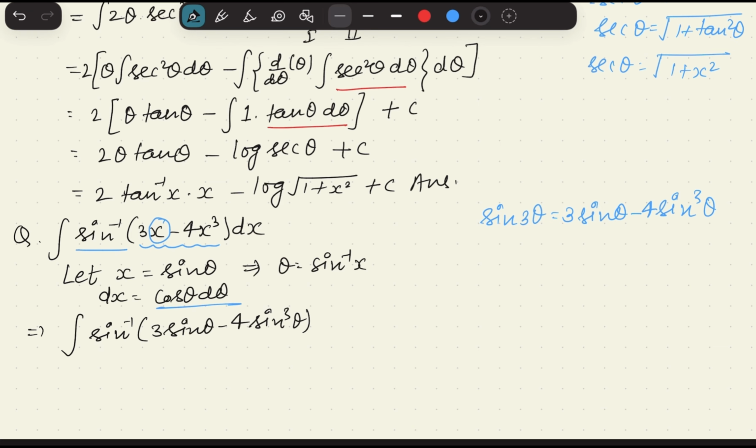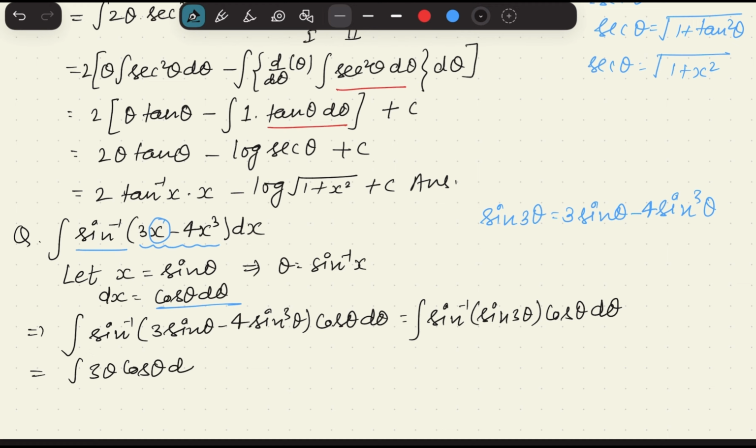So we get sine inverse sine 3 theta cos theta d theta. This is equal to 3 theta cos theta d theta.